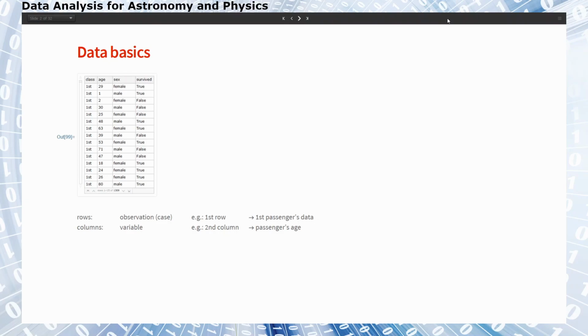When we talk about data, it is common to distinguish between observations, sometimes also called cases, and variables. To explain the difference, I show here a simple data set. This is the passenger list of the Titanic, and it shows per passenger a number of different entries such that each row corresponds to one passenger.